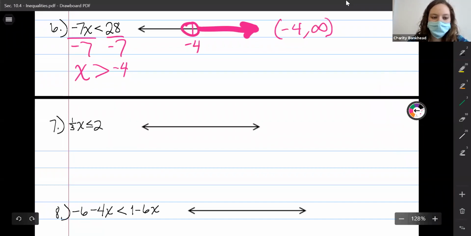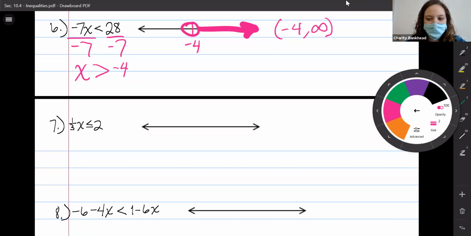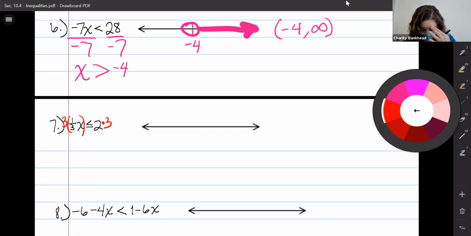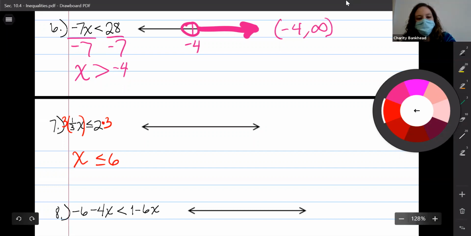Number 7, I would multiply both sides by 3. So that would make that x is less than or equal to 6.